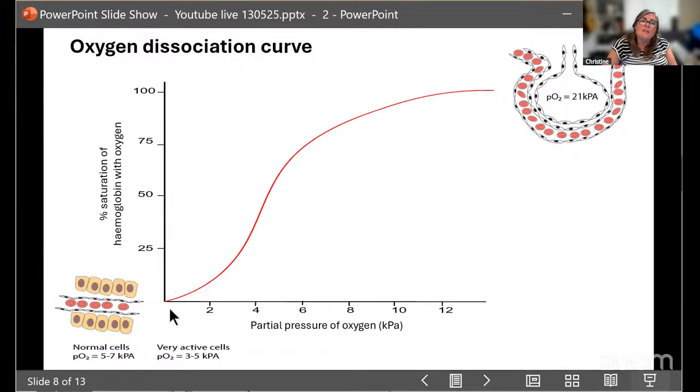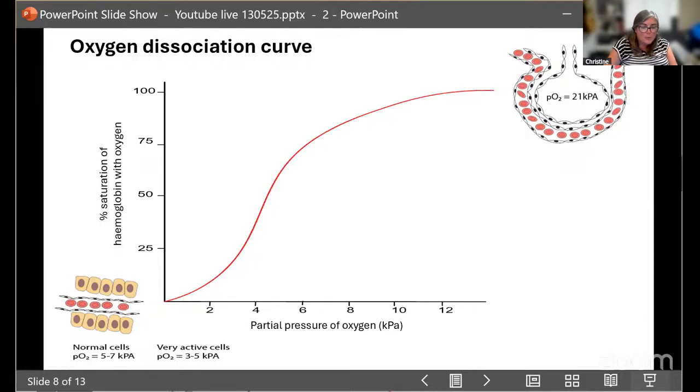That's why you get this lag at the start. Then you have this growth part where it's a lot easier to load the oxygen on, but it becomes much more difficult again close to fully saturated. So this is about the saturation of hemoglobin with oxygen.